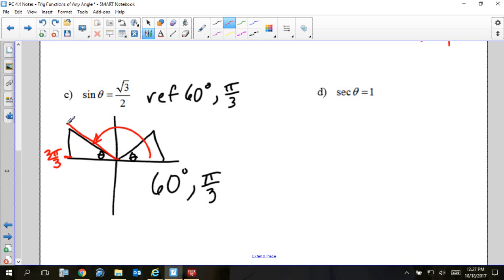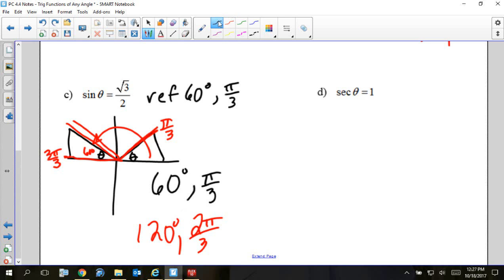That one's 1 pi over 3. How many pi over 3's is that one? 2 pi over 3. And in degrees, there are 60 degrees for the reference angle, so 60 less than 180 is 120.